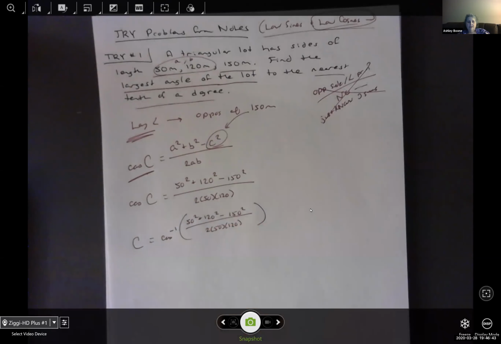And make sure, again, it's easy when you're going through to think you typed everything and you didn't quite get there, okay? My brain was going faster than my fingers. So let me retype it. 50 squared plus 120 squared minus 150 squared. That whole numerator divided by that whole denominator.